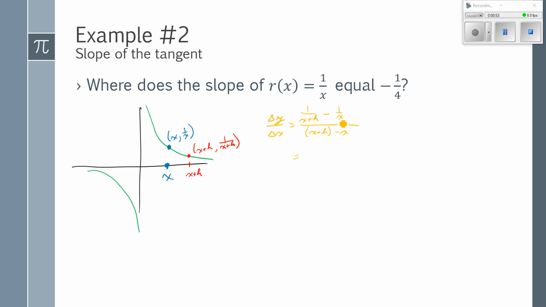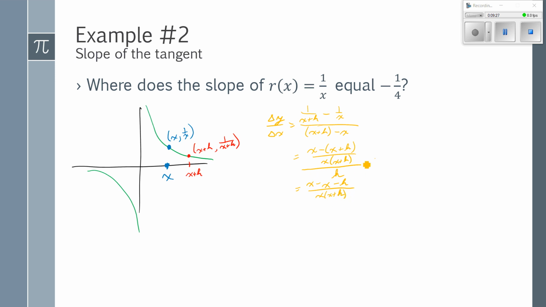which to subtract 2 fractions, I need a common denominator. And I'm just going to multiply the 2 denominators to get my common one. So that's going to be x minus the quantity x plus h, all over x times x plus h. And all of that is over my simplified denominator of h. Well, if I simplify the top, I have negative h over x times x plus h.